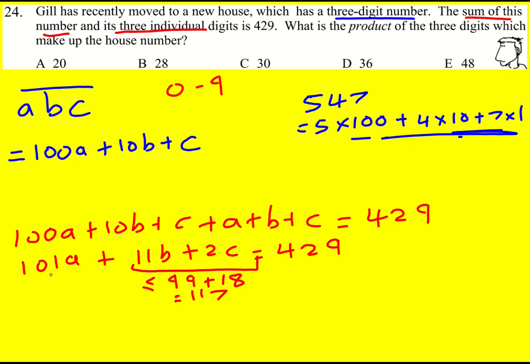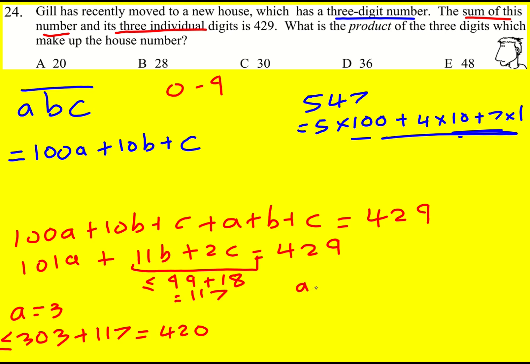So there's no way that A could actually equal 3, because if A equals 3, then I'd get 303, and it'd be less than or equal to 303 plus 117, which is 420.